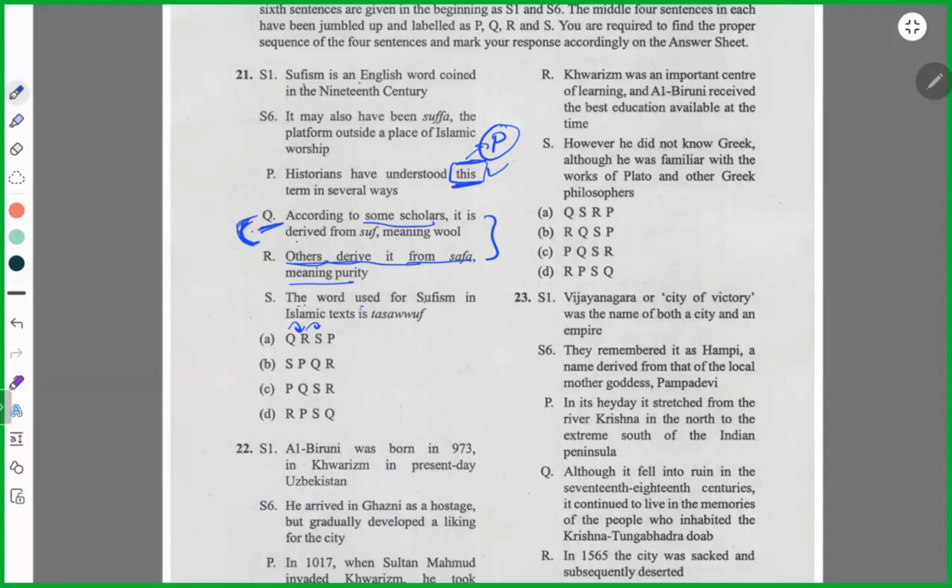Then S, let's say: the word used for Sufism in Islamic text is tasawwuf, and historians have understood this term in several ways. Now the point is that this is also talking about Sufism, and this is also Sufism. One more thing: let me give you an example apart from this paragraph.